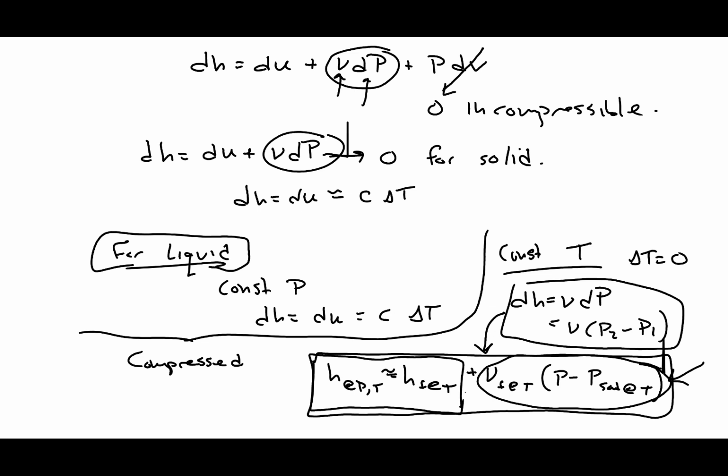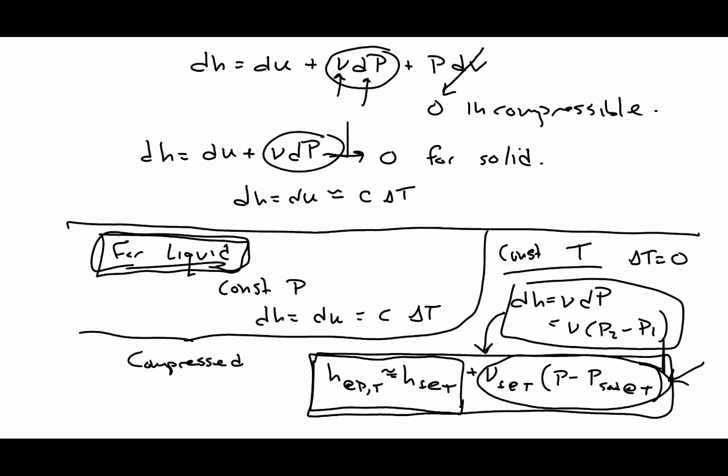So this is just something you need to consider if you have a liquid at high pressure and isothermal, so basically T1 is equal to T2. And this was the constant pressure.